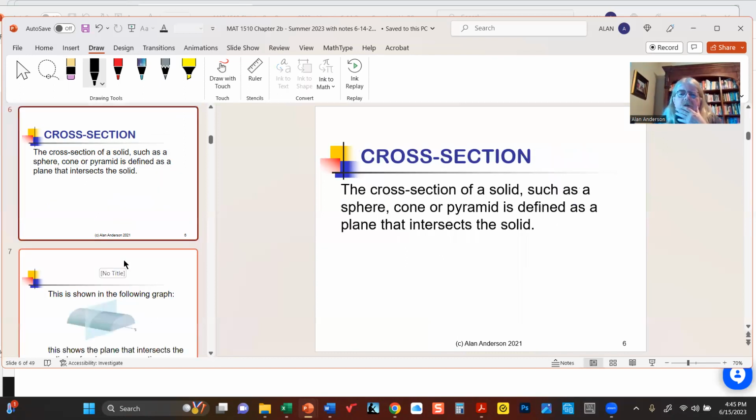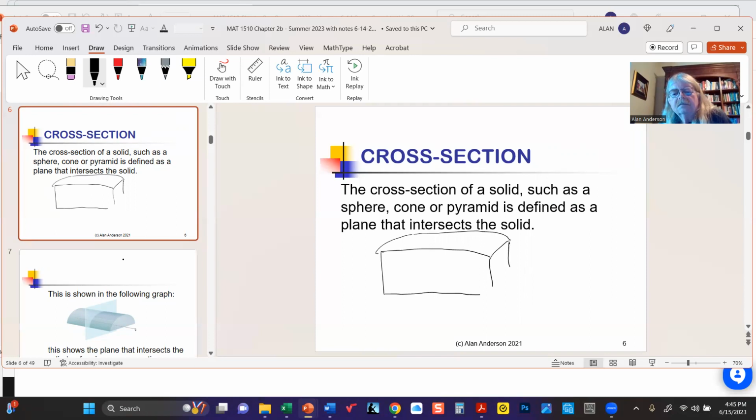Now, what we're going to do is introduce the concept of this cross-section. Cross-section is kind of like slicing a loaf of bread. Oh, if only I could draw better. Well, that's not too bad.